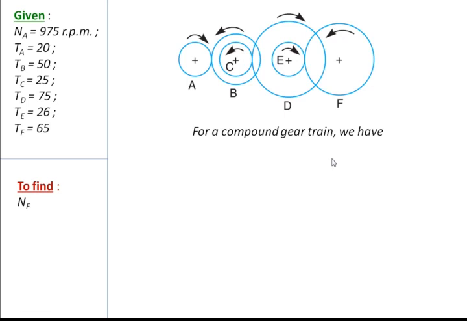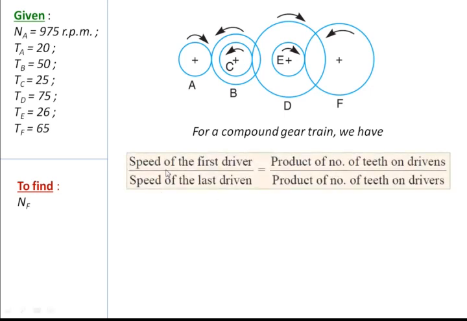As per the relation for the different gears in a compound gear train, we have speed of the first driver divided by speed of the last driven. In our case, first driver is A and the last driven is F, is equal to product of number of teeth on drivens divided by product of number of teeth on drivers. Now who are drivens?